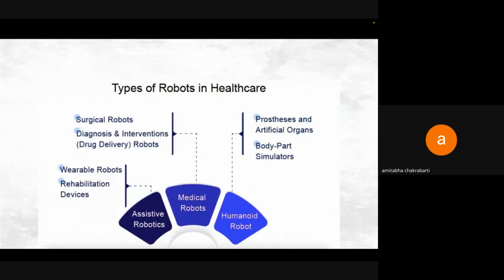So these are the types of robots in healthcare: the assistive robots, medical robots, and humanoid robots. The assistive robots are like wearable robots, rehabilitation devices, surgical robots, prosthesis. So these are the areas where we can work.